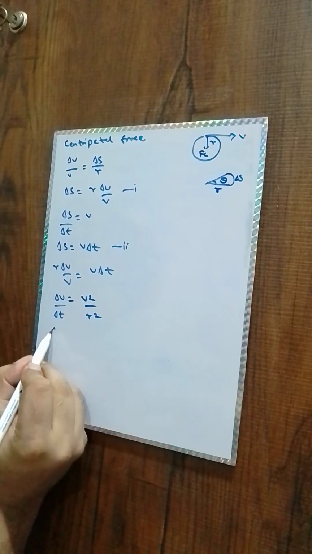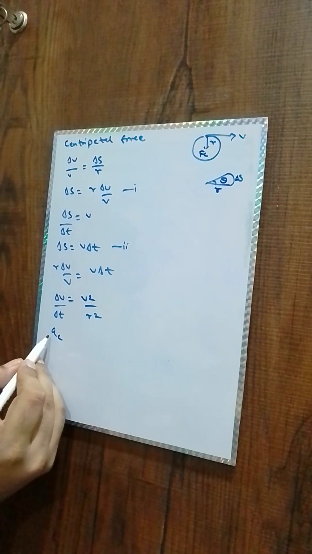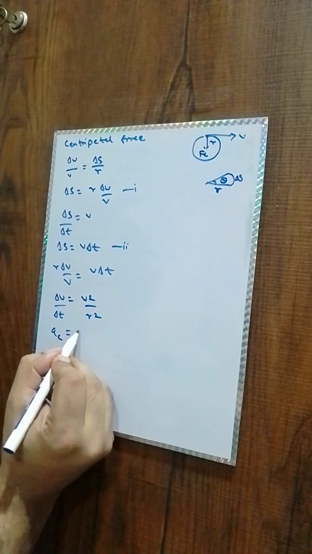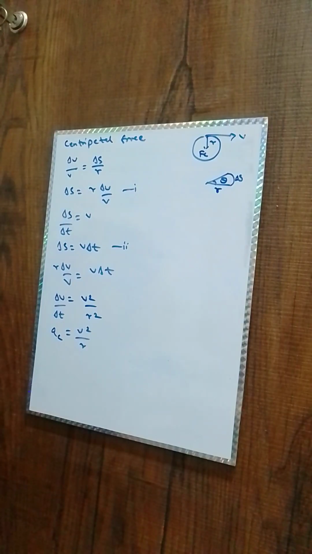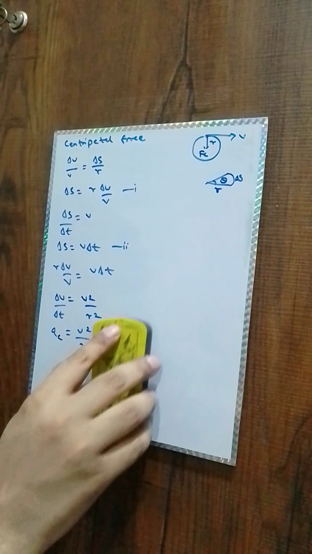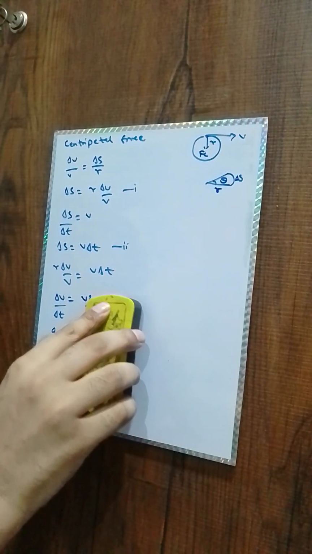In this case it is a sub c, which is the centripetal acceleration, which is v square by r.